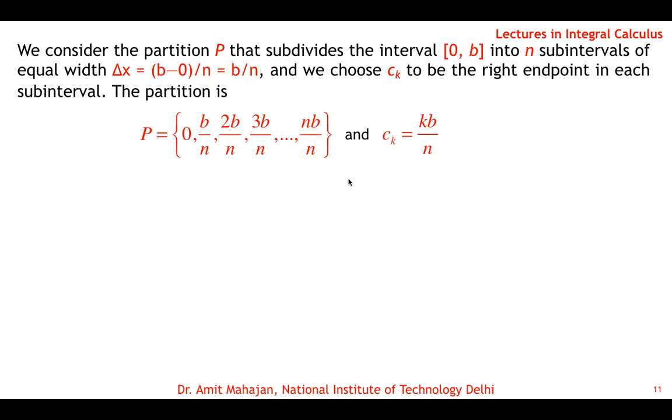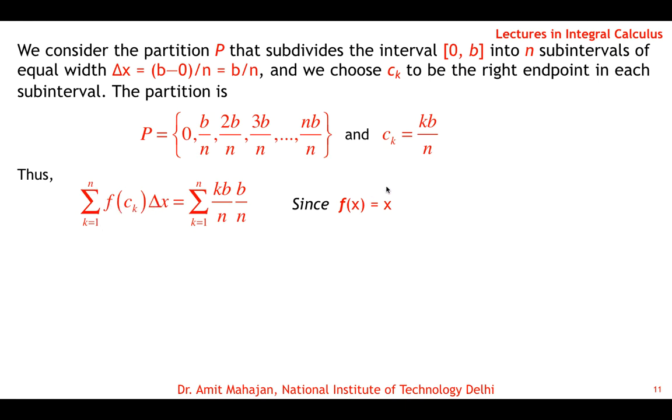Now we calculate the Riemann sum, the summation of f(ck) times delta xk, with k from 1 to n. It is given that the curve is y equals x, so f(x) is x, and f(ck) is nothing but the point ck, which is kb by n. So f(ck) is kb by n and delta x is b by n, and we take this product with summation k from 1 to n.